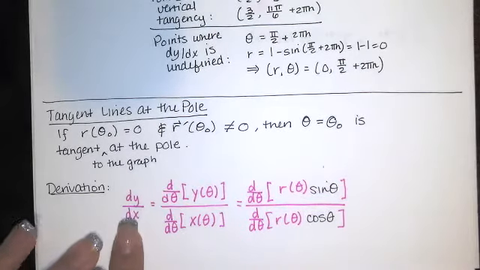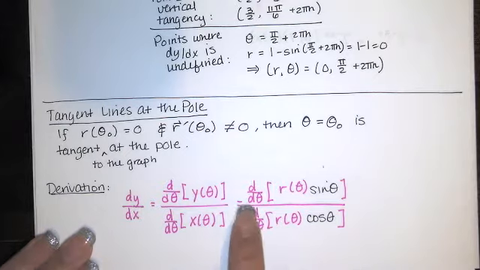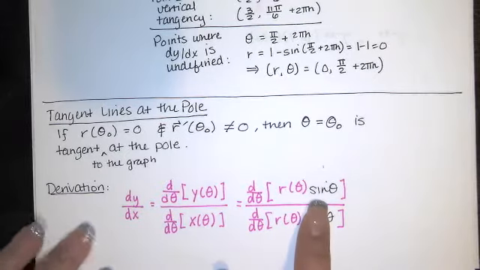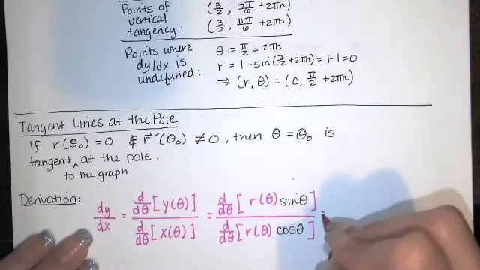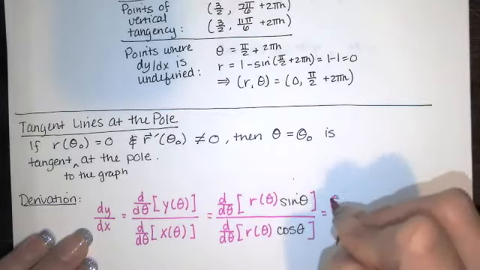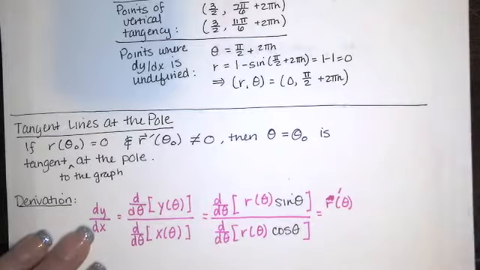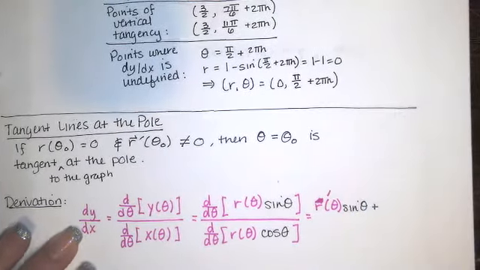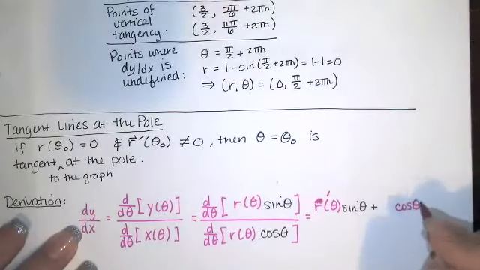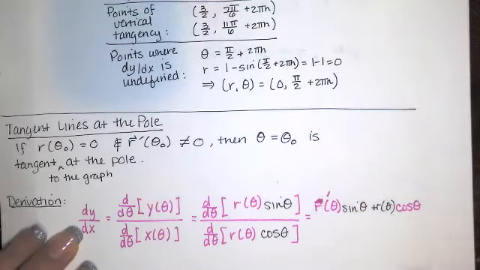Dy over dx can be found by taking the derivative of this piece and the derivative of this piece, and then just dividing. Well, this is a product, so if I want to take the derivative of this with respect to theta, I just use the product rule. So according to the product rule, this is what we get. Derivative of the first times the second, undifferentiated, plus derivative of the second, which is cosine of theta, times the first, undifferentiated.